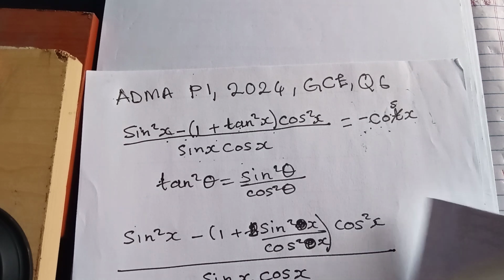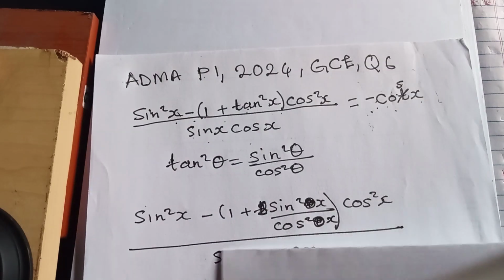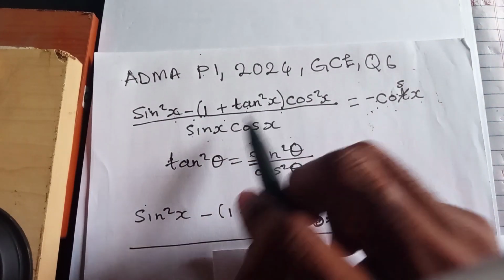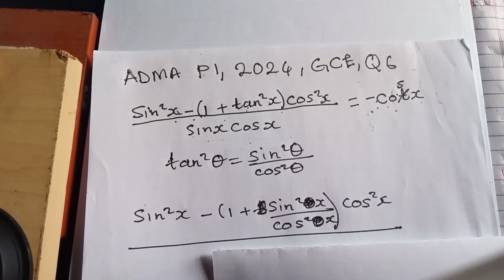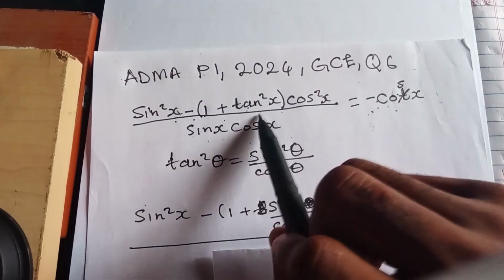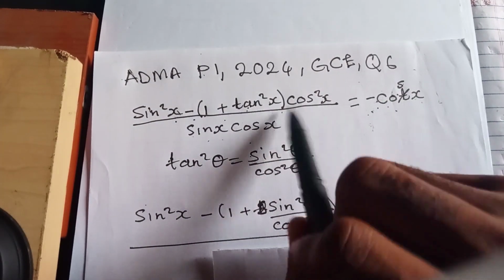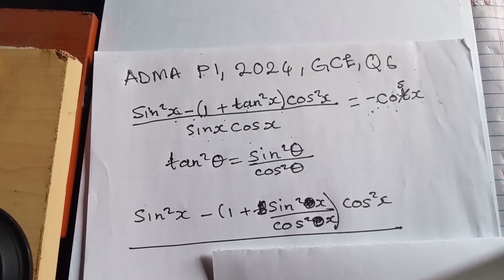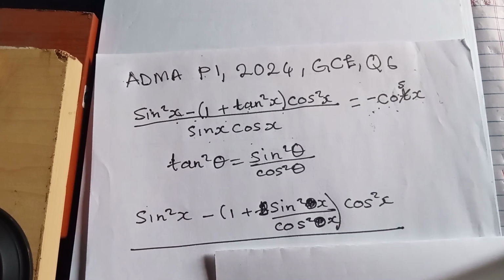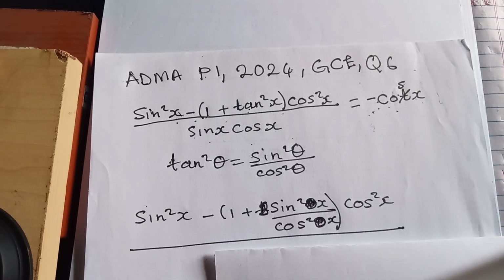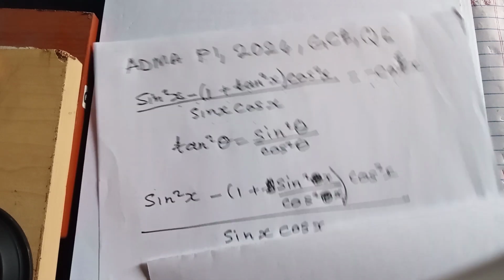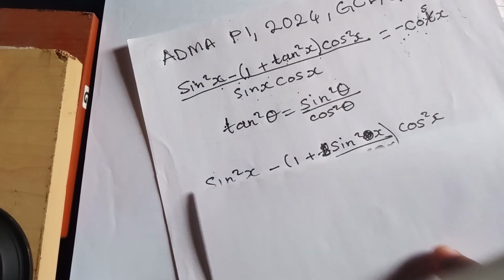So you can use any number of your choice and substitute in the x values there. And then if you are not getting the same numbers on both sides, then there is a problem with the question. So I think I can use 45 degrees. You can also use 0, although you may have some difficulties if you are not very familiar with limits. So let's just use 45 degrees.